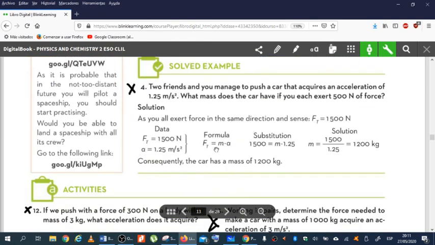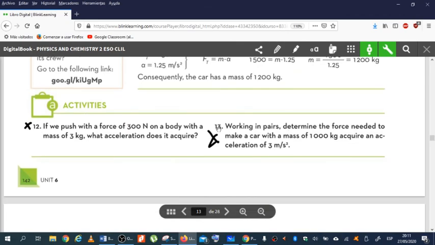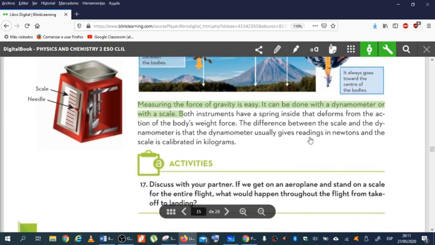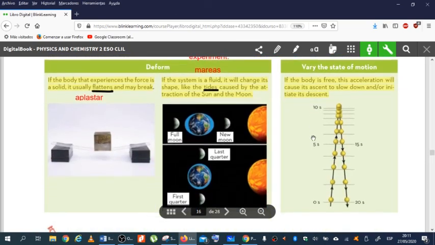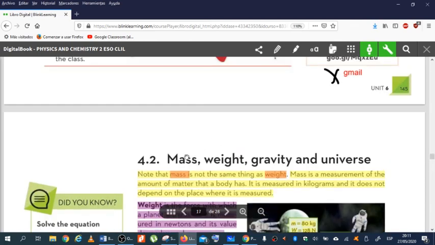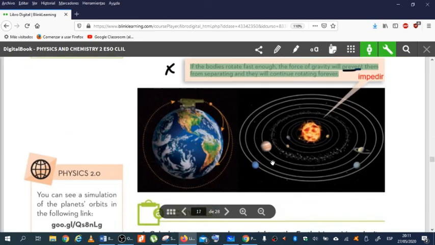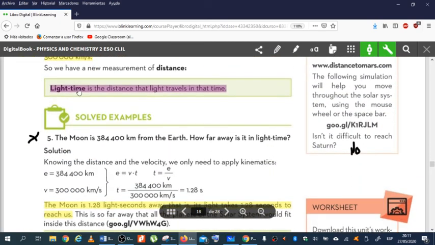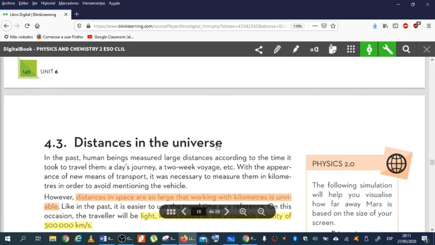You have to know how to do this type of exercises. Force of gravity, and the difference between mass and weight. It is really important. And the distance in the universe.